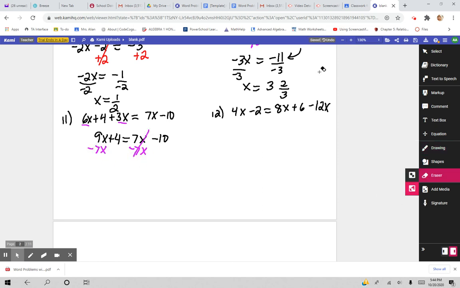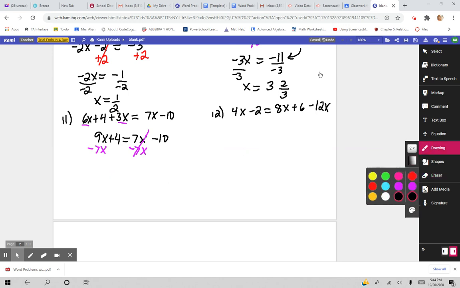We will have 9x plus negative 7x, that's 2x. Let me use the same color, black. That's 2x plus 4 equals negative 10.